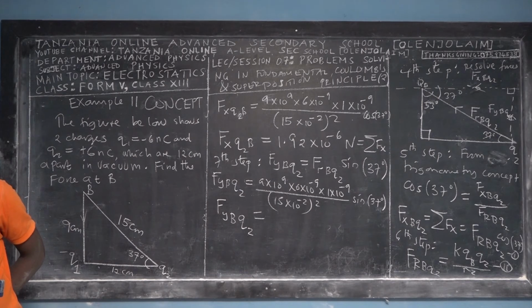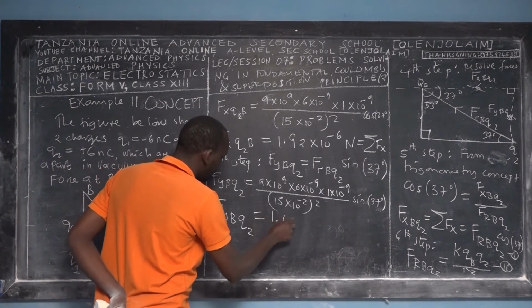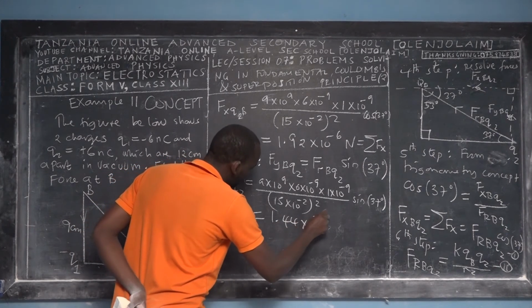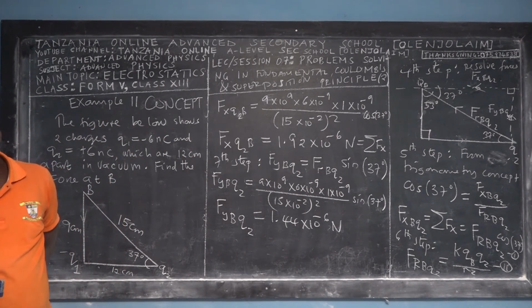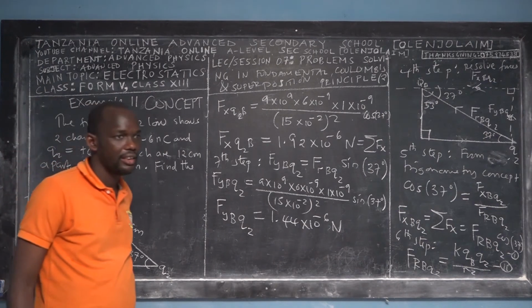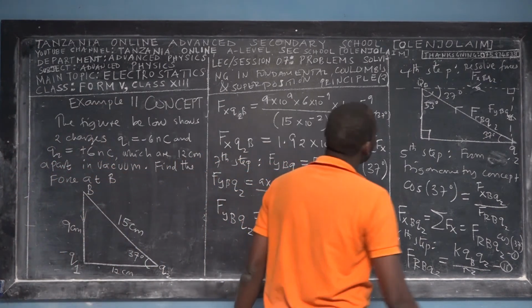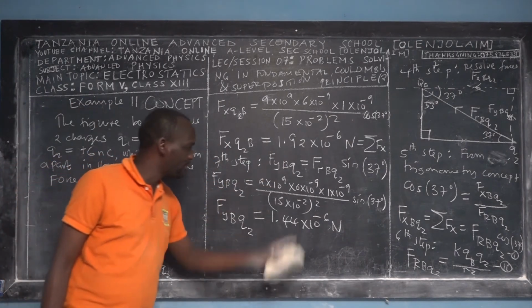It is 1.44 times 10 exponent negative 6 Newton. Right? Good. Are we together? Okay. So then we have our horizontal component.